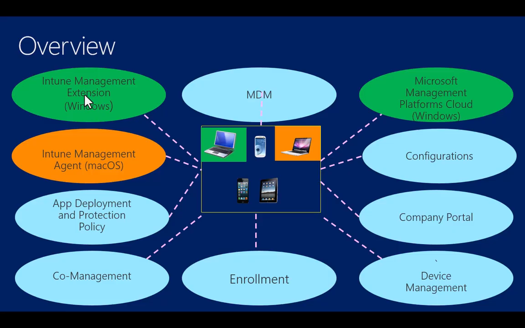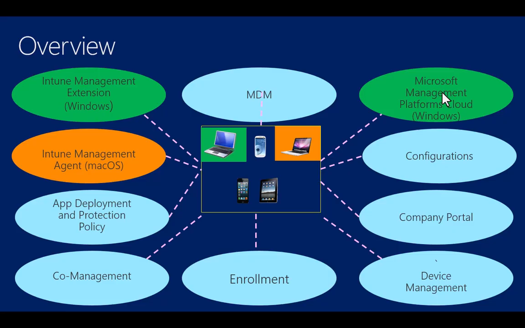The third piece is the Microsoft Management Platform Cloud. We'll talk more about these as we get in, but I want to share those with you because when you are doing something on a Windows-based device, you need to know specifically where that action is going to be implemented.